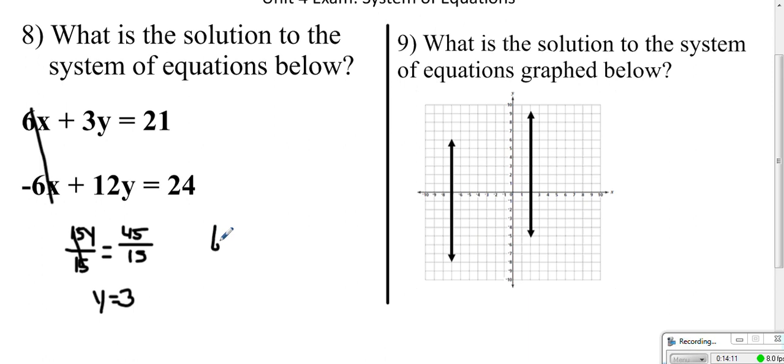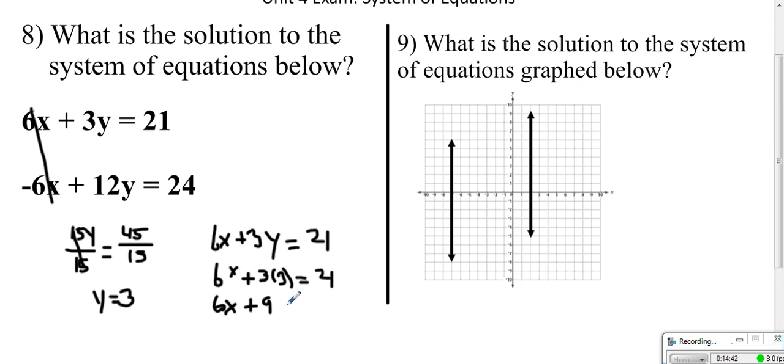I'm going to pick the first one, 6x plus 3y equals 21. So you have 6x plus 3 times 3, because I'm going to substitute the y that I just solved for in for the y to get the x, and then solve for x. All right, so that's 6x plus 9 equals 21.